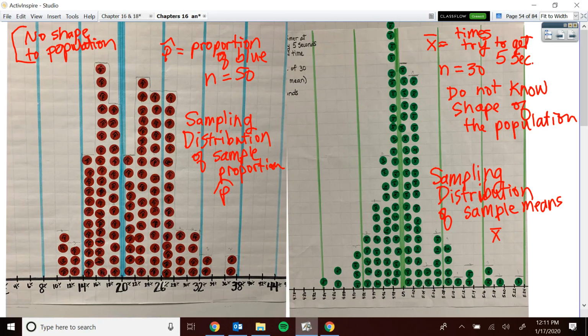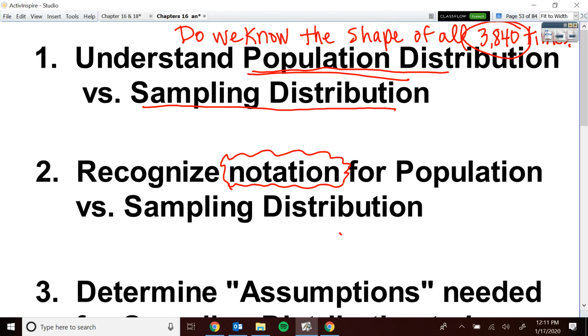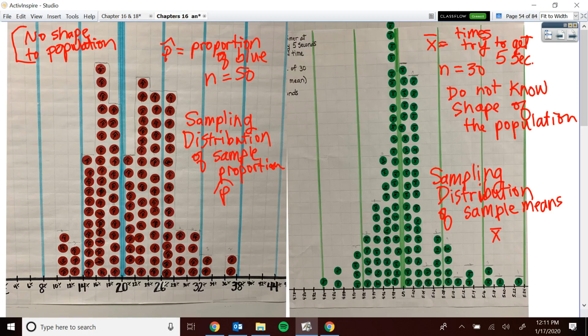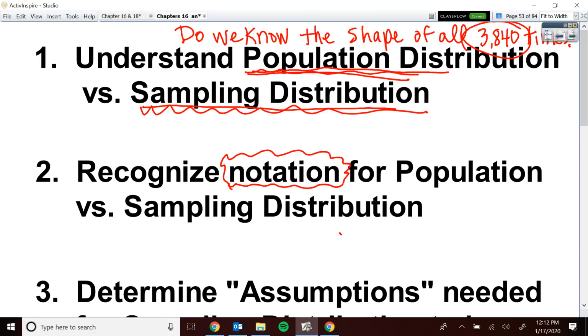So that is the first main thing, understanding what the population distribution is and comparing it, and the importance of the sampling distribution. Okay, next we want to talk about the notation for lots of little things here. So what does notation mean?